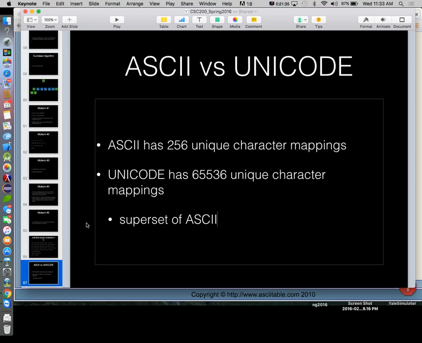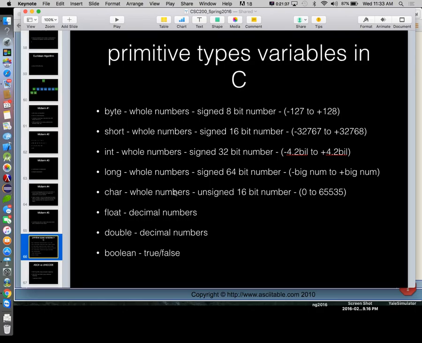All right. So coming back to this slide here, chars are actually represented as whole numbers, because computers like numbers, people like characters.